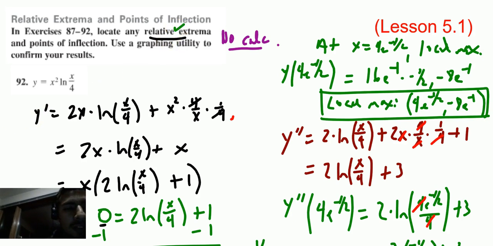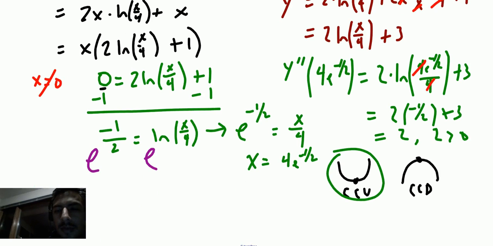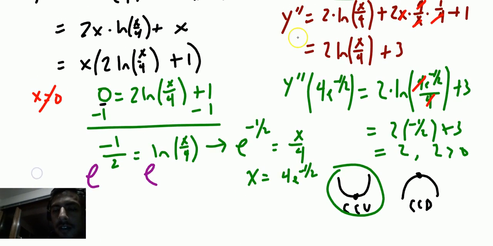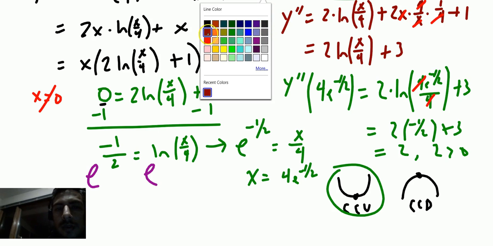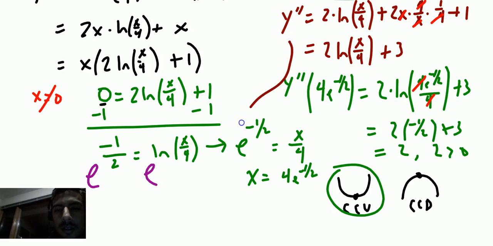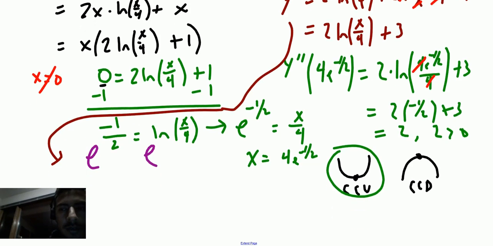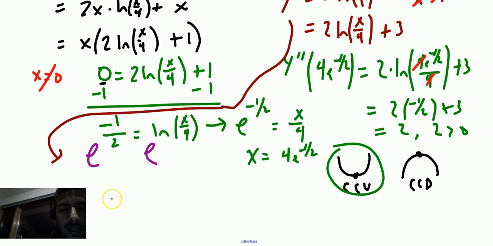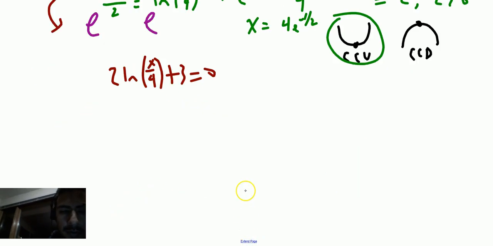To find the point of inflection, I already solved for y double prime, so I'll continue that work down here. This is going to be horrible, I'm sorry. Let's do 2 ln of x over 4 plus 3. Let's set that equal to 0 to see if we have a point of inflection.